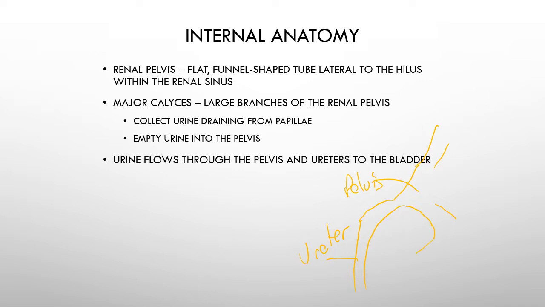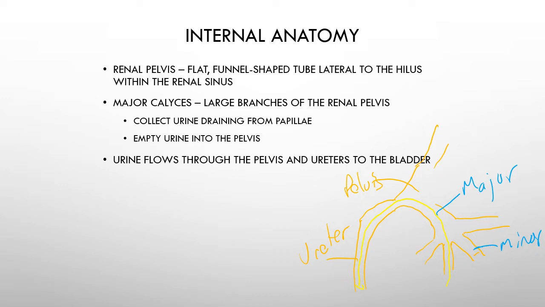And then within that, we're going to have some minor calyces as well. So the minor ones down here, major here, and all of those, as far as the urine is concerned, the urine is flowing in towards the pelvis and then eventually down through the ureter.